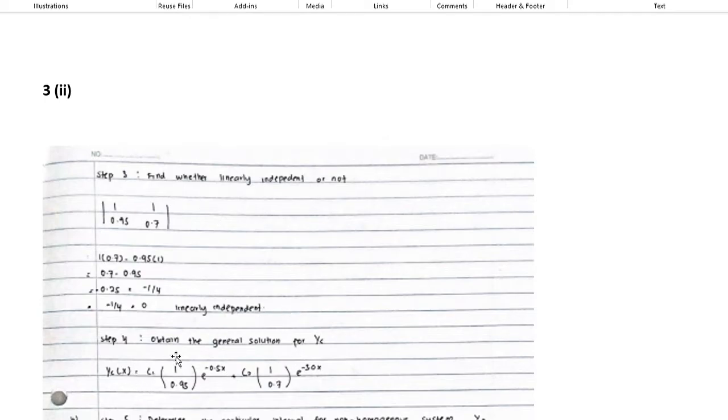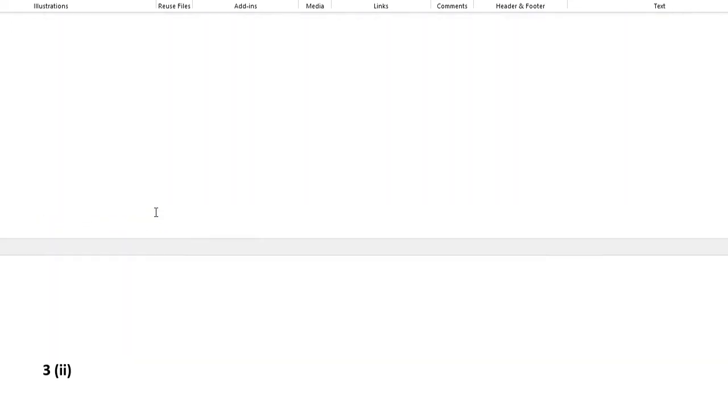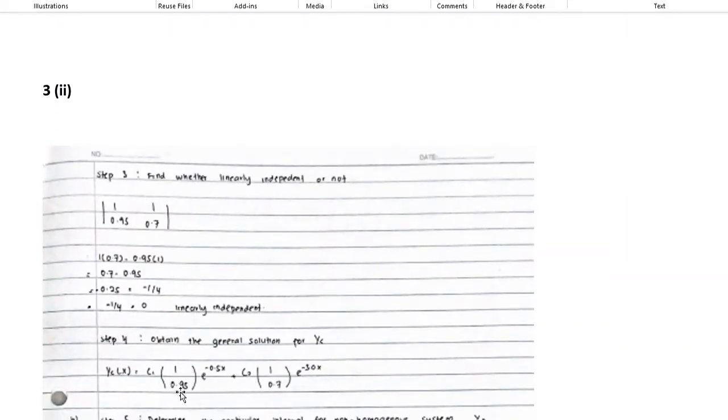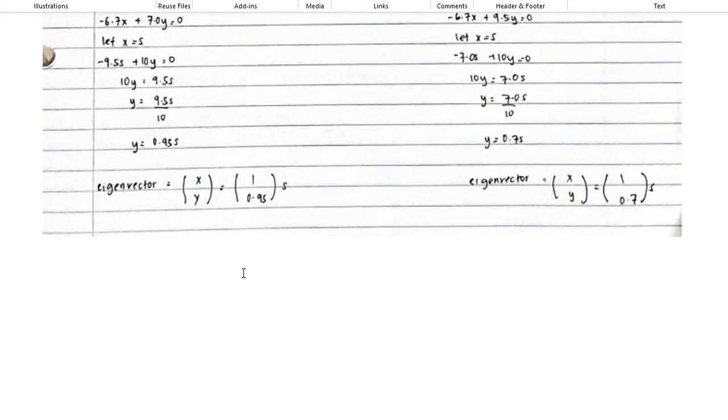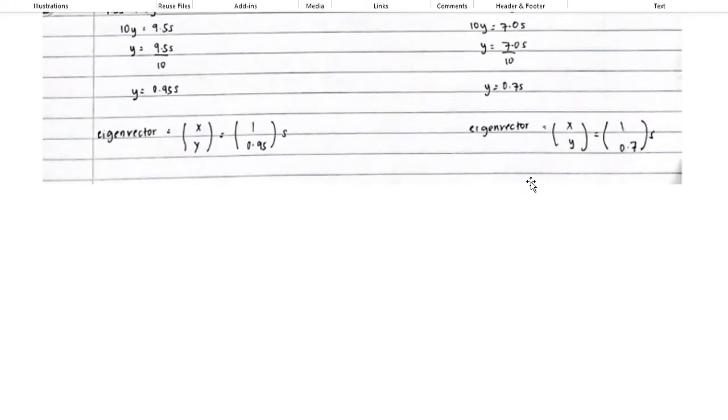After we get all the values, we obtain the general solution, which is yc equal to C1 [1, 0.95] e^(-0.5x) plus C2 [1, 0.7] e^(-3.0x). The values negative 0.5 and 3.0 we get from lambda, the 0.95 we get from here, and for C2 the 0.7 we get from here.